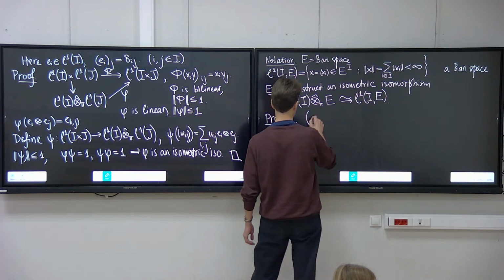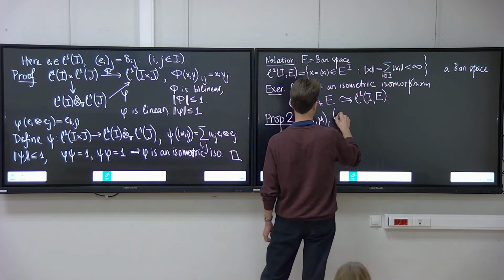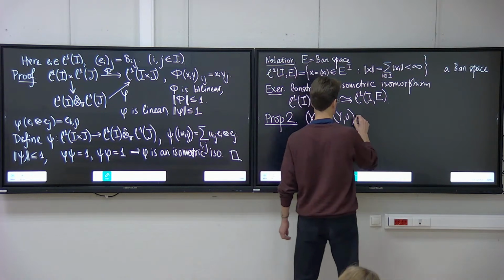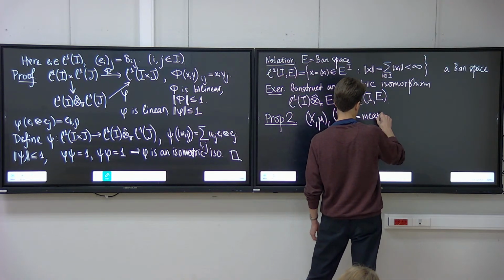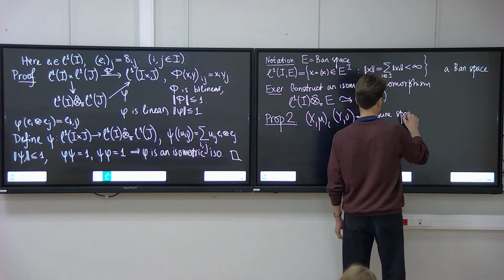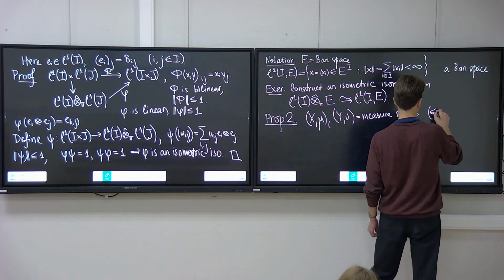Suppose we have two measure spaces, X with mu and Y with nu, sigma finite for convenience.